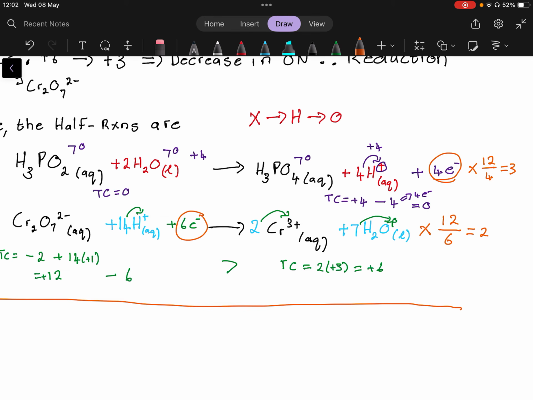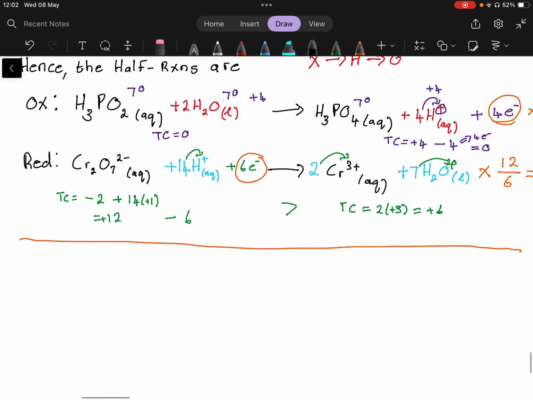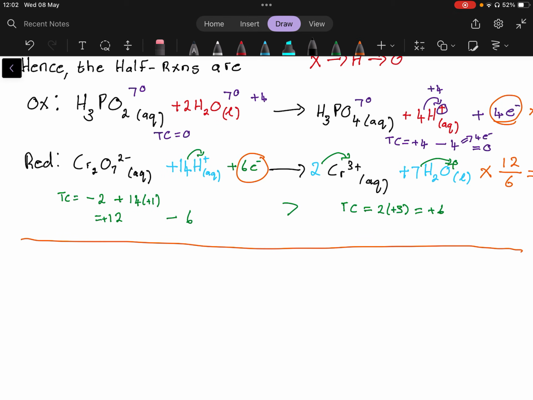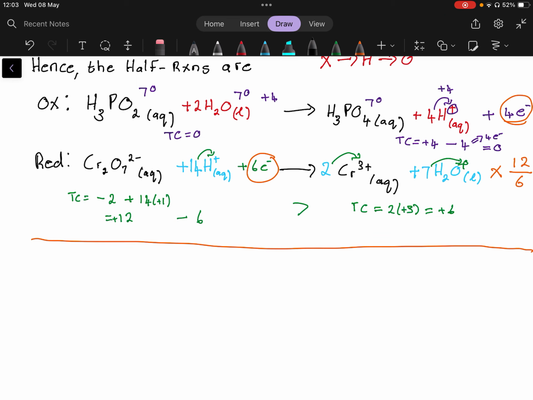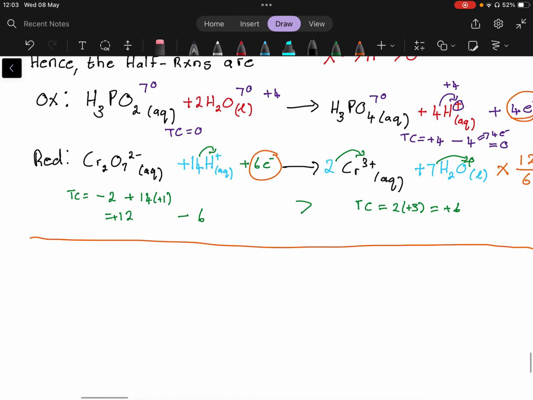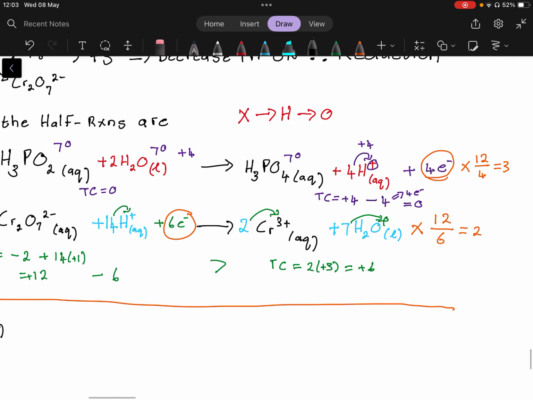Right. So now we add them, and we need to remember to do the multiplication. So let's start by adding the reagents. And so the first one, H3PO2, then we'll have 3H3PO2 in the aqueous phase. And where do I get that from? We say here multiply by 3.